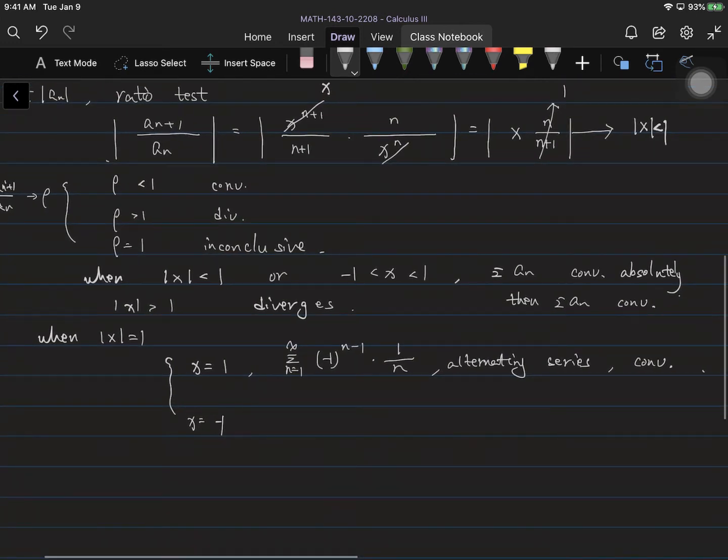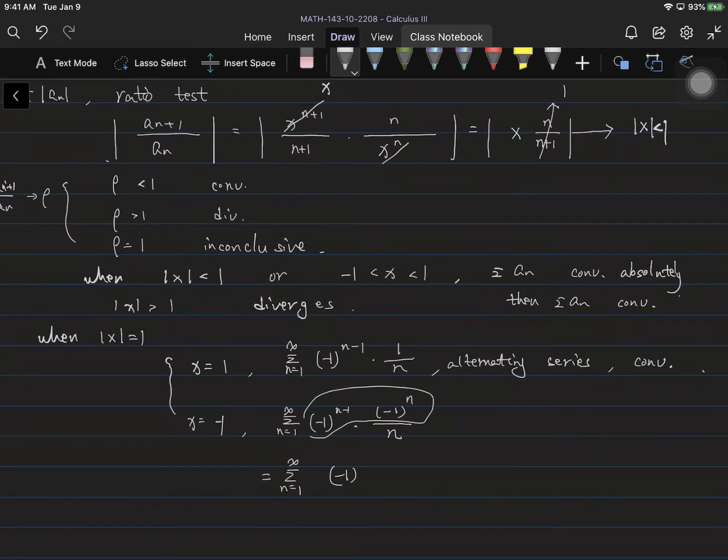And when x equals -1, let's take a look. Same thing, we plug into our original series, changing x into -1. Simplify this series. Combining the powers of -1 becomes (-1)^(2n-1) over n.